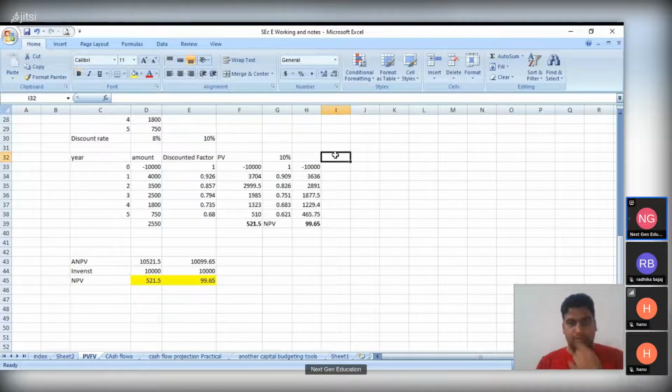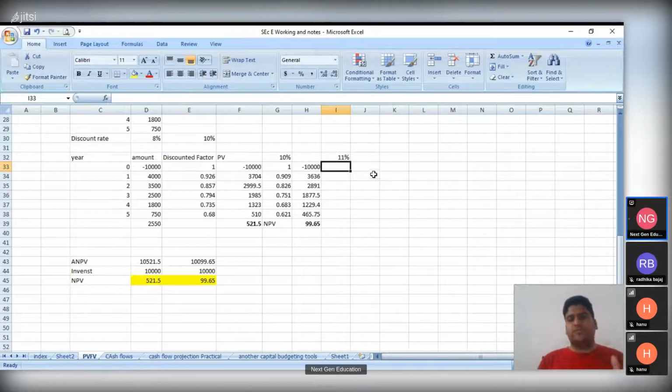Let's focus on the 11% rate. Sorry. Okay, so we will focus on the 11% rate.